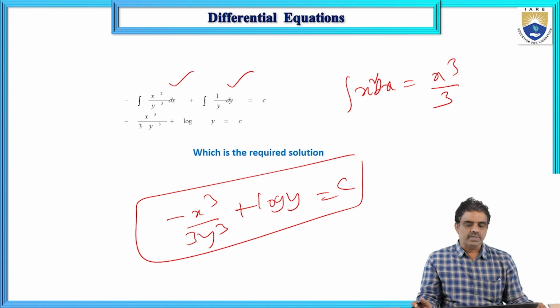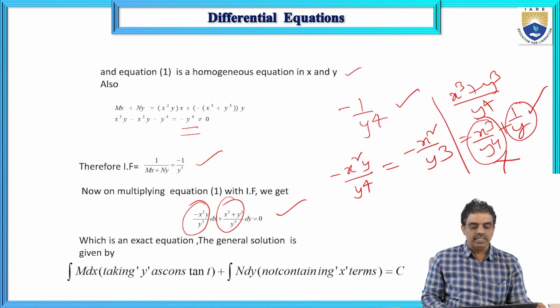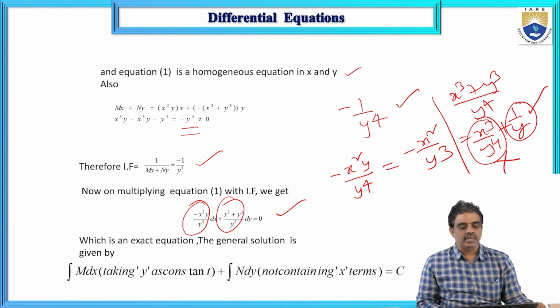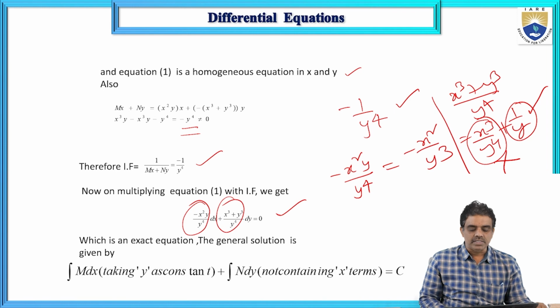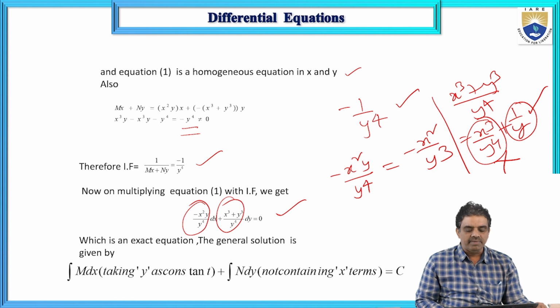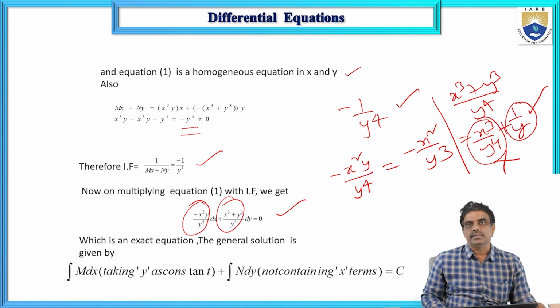So if the given equation is not an exact equation and if it is in homogeneous equation form, then see the value of mx plus ny. If it is non-zero, then 1 by mx plus ny is the integrating factor. Multiply with 1 by mx plus ny and integrate, then the equation will become an exact equation and find the solution as usual, right?